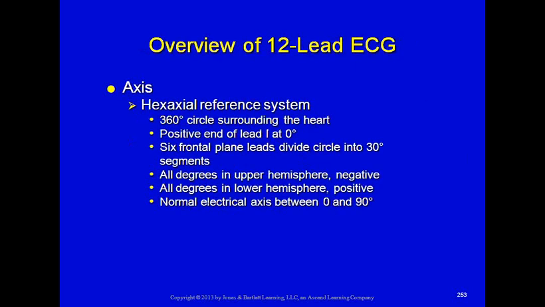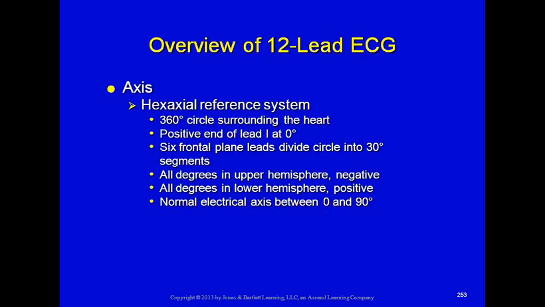The hexaxial reference system is a 360-degree circle surrounding the heart, where the positive end of lead 1 is 0, and then the frontal plane is divided into 30-degree segments.